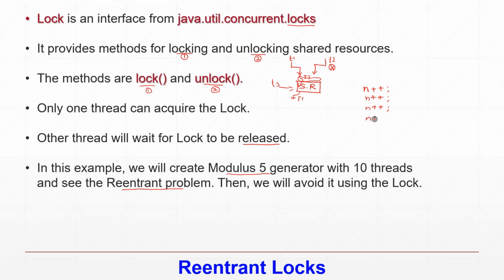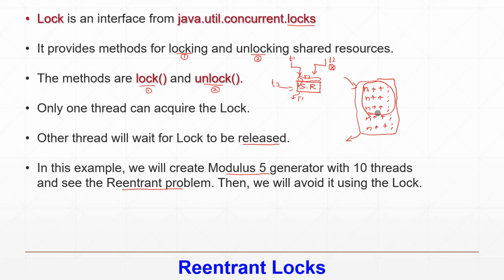So that means for modulus 5 to work between multiple threads, all these 5 increments should go in one unit. That means if a thread entered, it should execute all 5. It should not break in between.